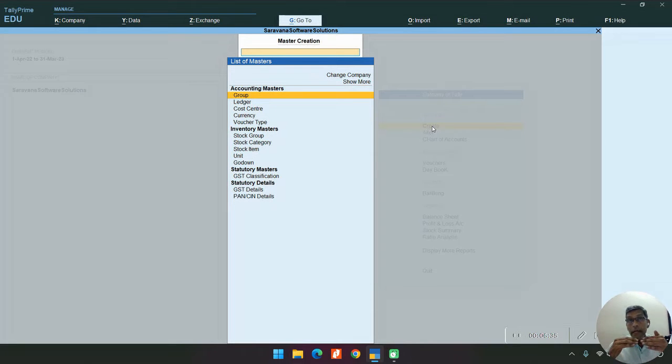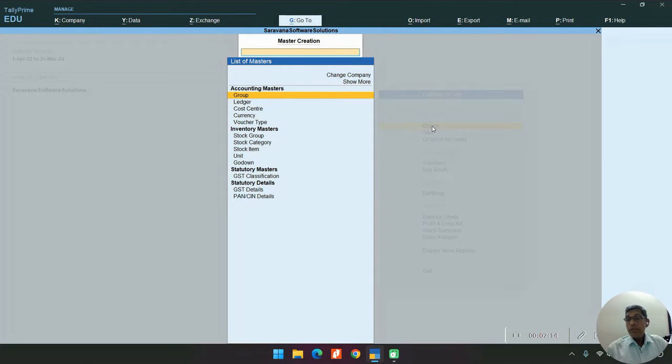Whenever you create any group, you create a link of your group to either assets, liabilities, expenses, or revenues. So it is simply the grouping of ledgers, the collection of ledgers.